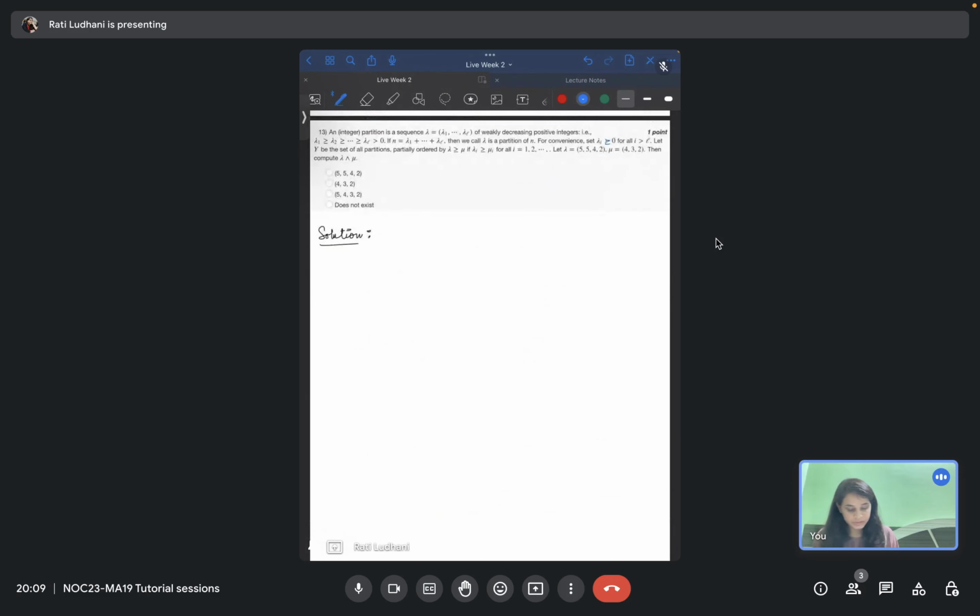Okay. An integer partition is a sequence lambda, as explained in the notes for week 2. It is a weakly decreasing positive integer sequence, lambda 1 to lambda l, where l is not fixed, l could vary.